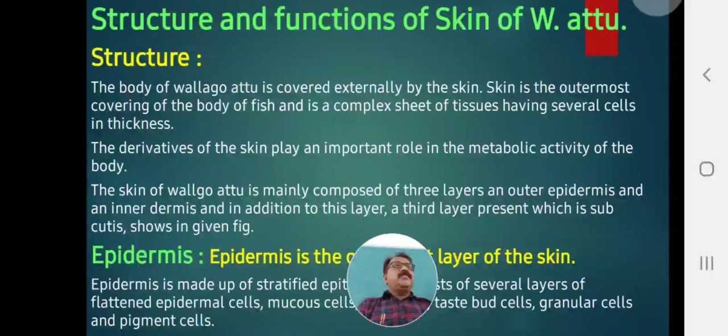This third layer is found only in those fishes on which body scales are absent, and instead of scales the body is covered by thick skin. In these fishes, the third layer is present, and that layer is called the subcutis. Subcutis is the third layer which we have studied today.